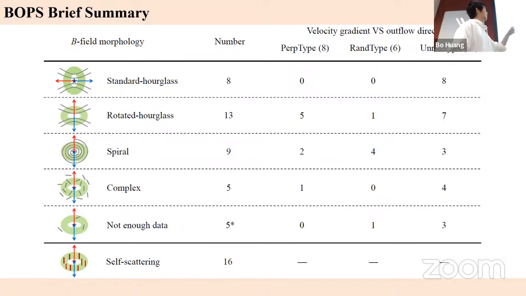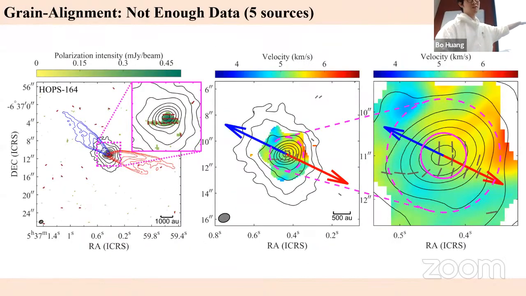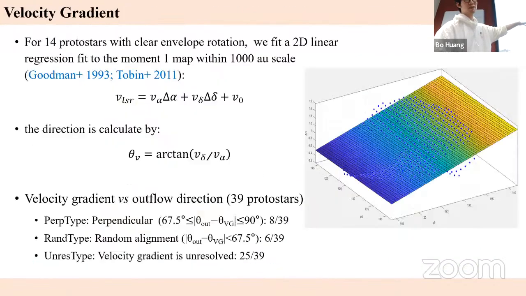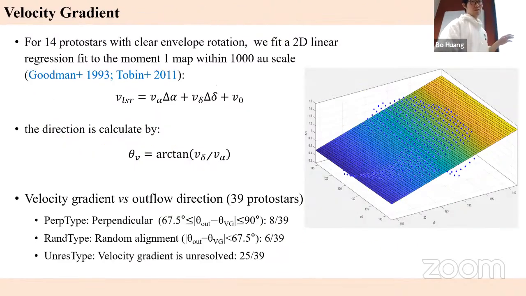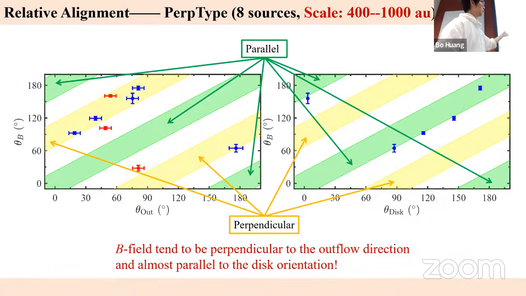So we have the PerpType sources and the RandType sources. For the PerpType sources, the magnetic field is perpendicular to the outflow and also along the velocity gradient. That's the strong correlation that we see.